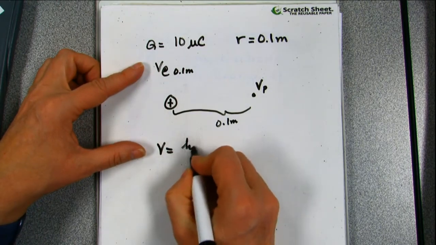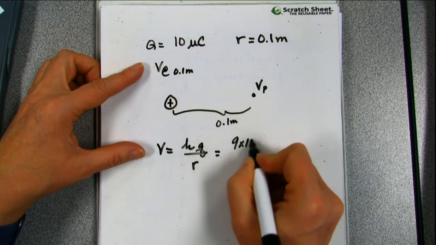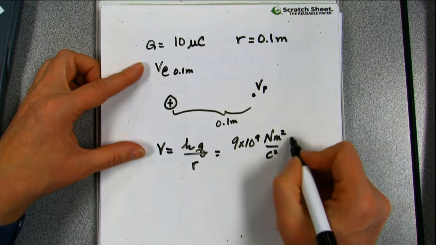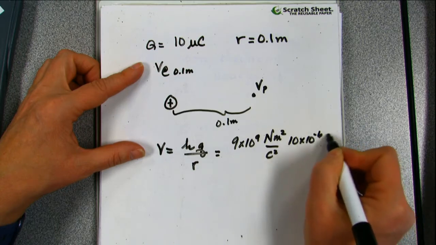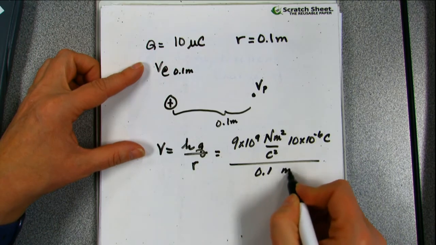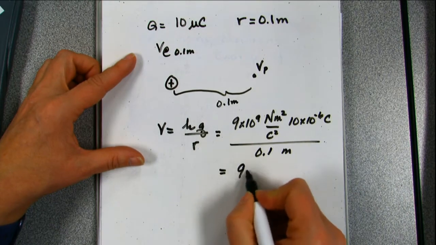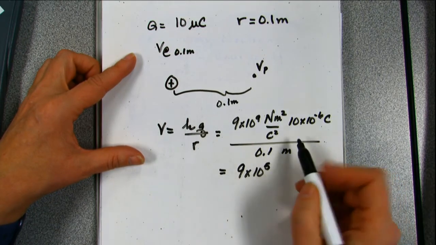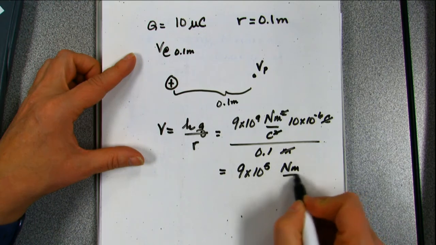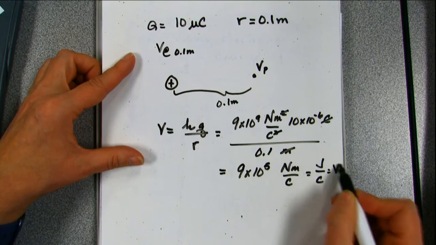Voltage is going to be kQ over R. And k is 9 times 10 to the 9th newton meters squared per coulomb squared, times 10 times 10 to the minus 6 coulombs, divided by 0.1 meters. And if I plug that into the calculator, I get 9 times 10 to the 5th. Meters cancel, coulombs cancel. I get newton meters per coulomb, which is a joule per coulomb, which is a volt.